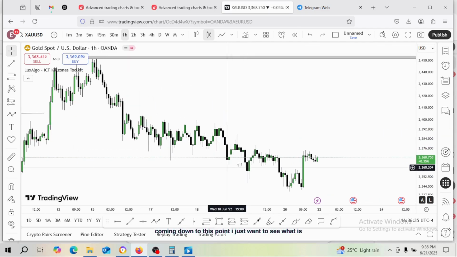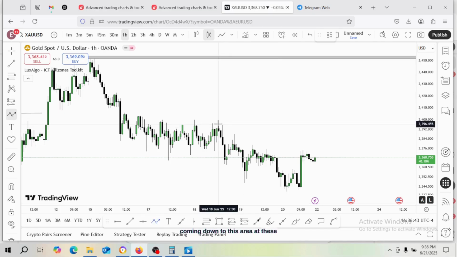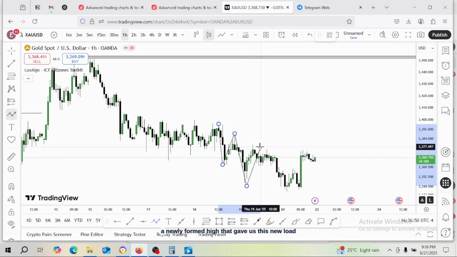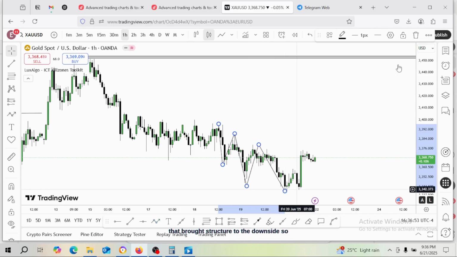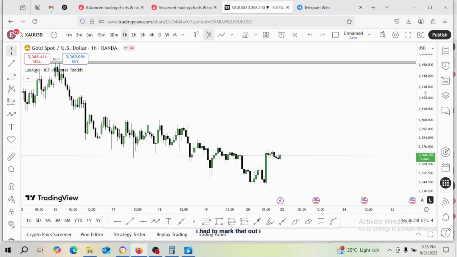So coming down to this point, I just want to see what is happening. Coming down to this area, at these highs, at these lows, a pullback, a new low, and we had a newly formed high that gave us this new low that broke structure to the downside. So I had to mark that out.